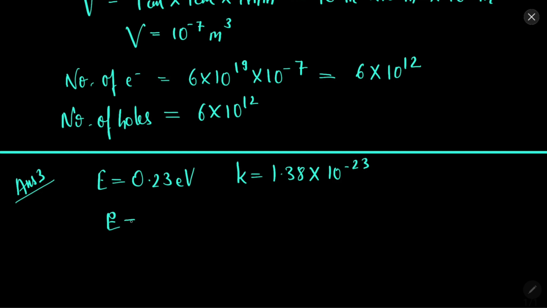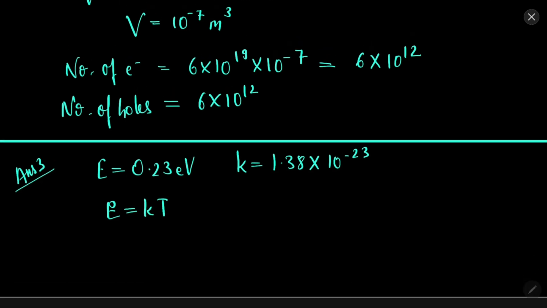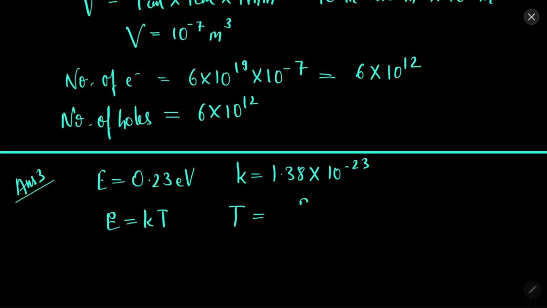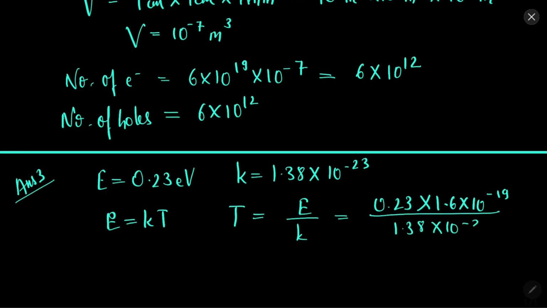So energy must be equal to kT, so temperature must be equal to energy over k. So 0.23, it is in eV, so converting it into joule, 1.6 into 10 to the power minus 19, over k, 1.38 into 10 to the power minus 23.